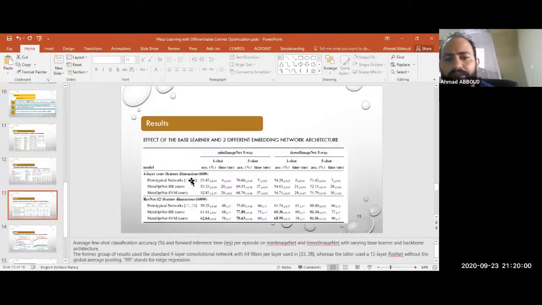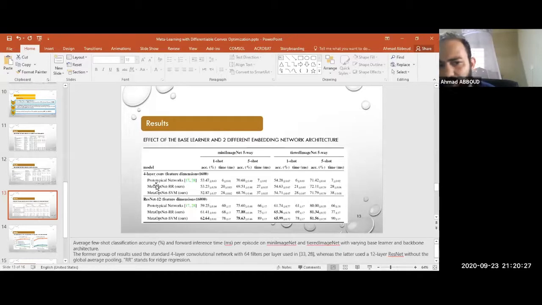Okay, so let's compare now. They make some experiments to compare the classifier heads. They just change the classifier head with the model used. Here we have two groups. The first group contains models, prototypical network and MetaOptNet.